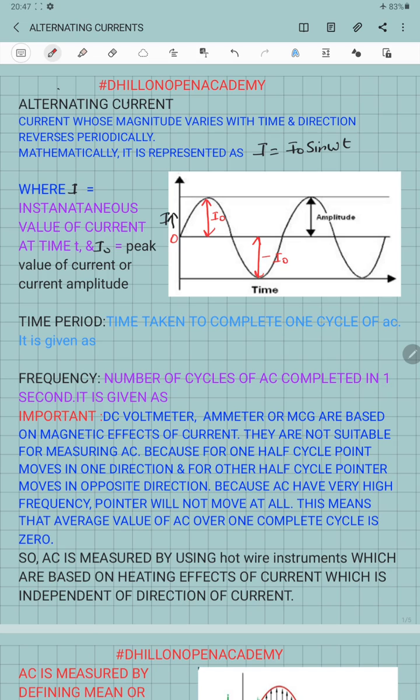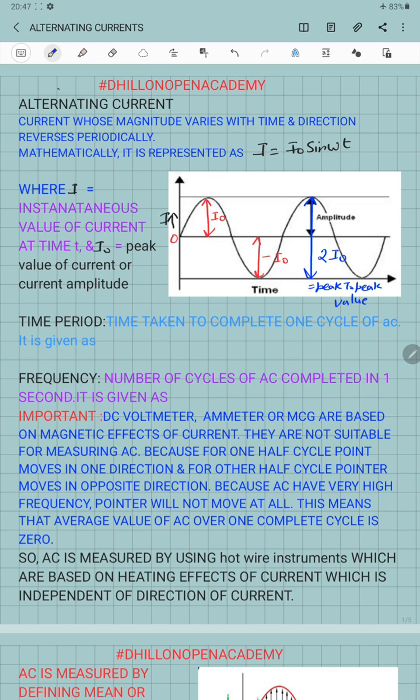If we measure the total current from one peak to the other, from the negative direction to the positive direction, it will be double the peak value, that is 2 I naught. We call it the peak to peak value.